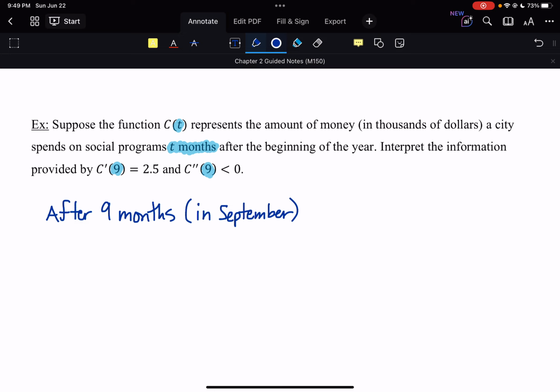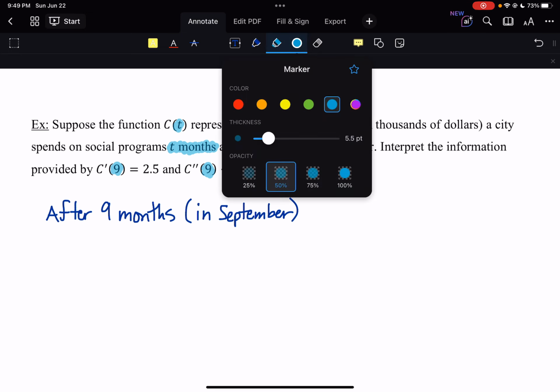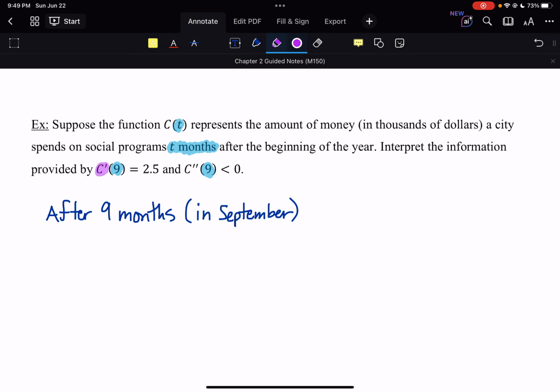September is the 9th month. We have the derivative, or the rate of change, of the amount of money spent. Okay, so money that the city spends. The rate of change of spending is 2.5, and that is in thousands of dollars.